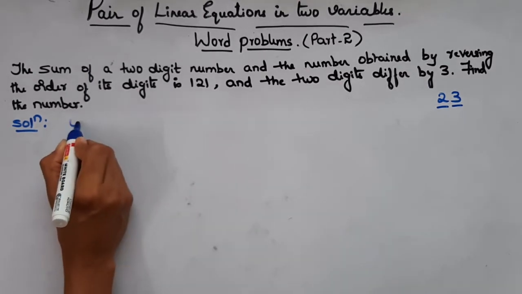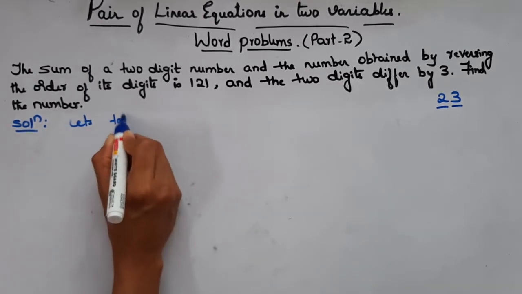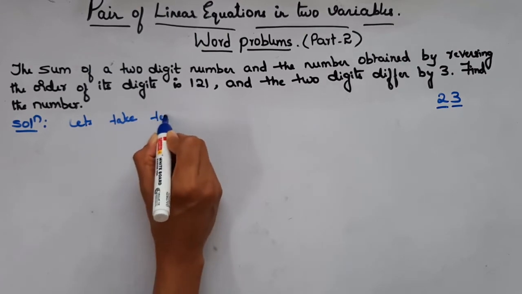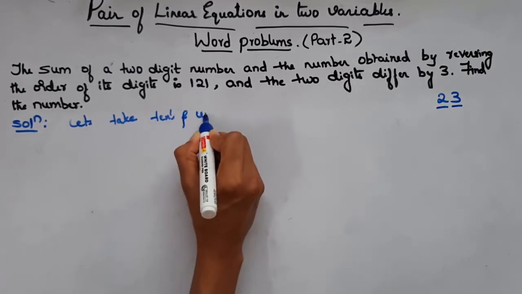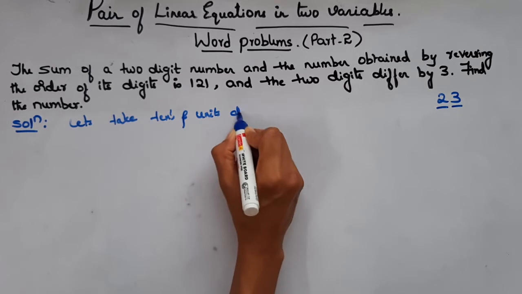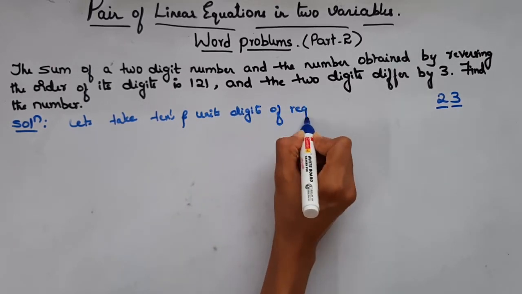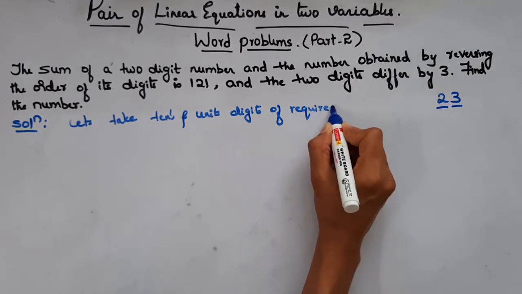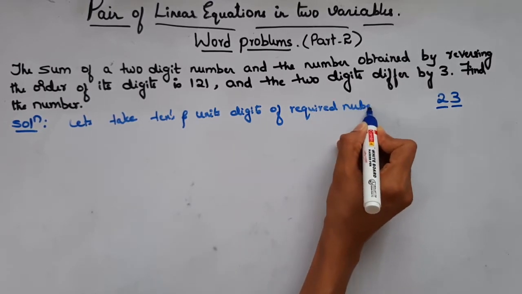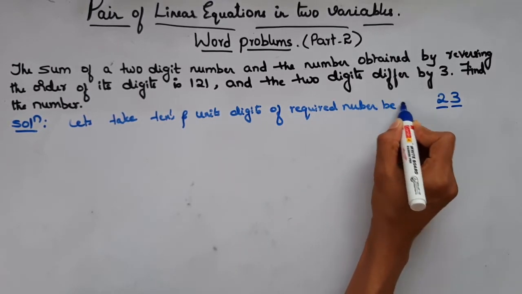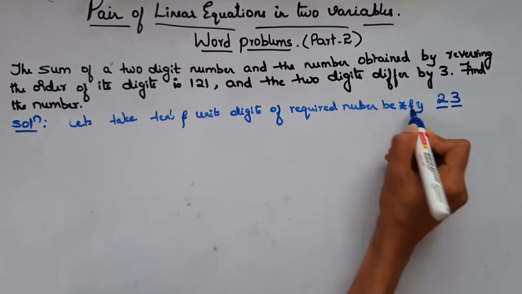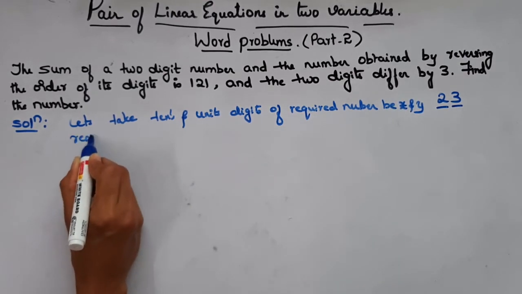That is, let's take the tens and units digits of the required number be x and y respectively.